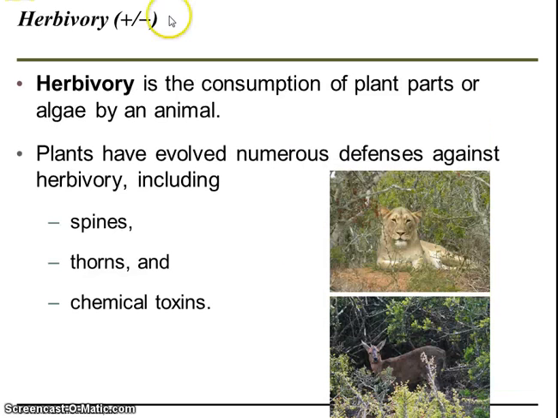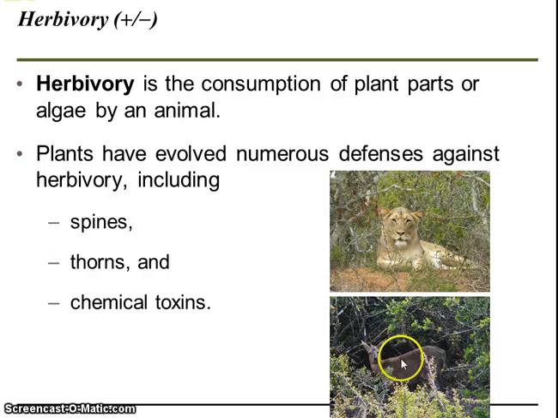Herbivory is basically a form of predation by herbivores, animals eating plants. Plants have actually evolved a lot of defenses against herbivory, including spines, thorns, and chemical toxins. So these are both South Africa pictures where they're in what's called acacia.